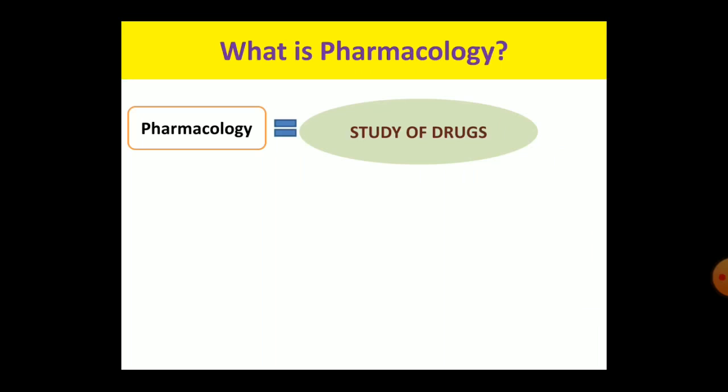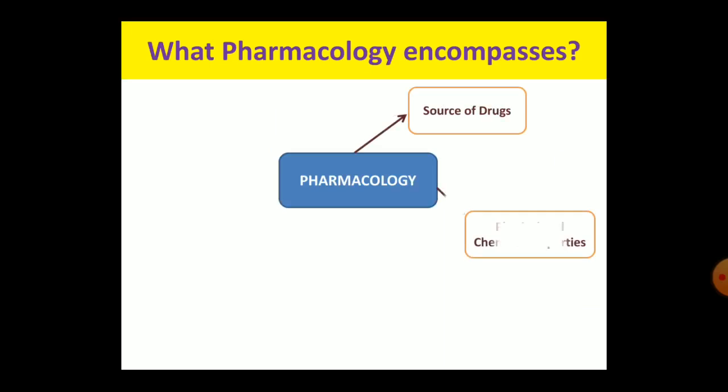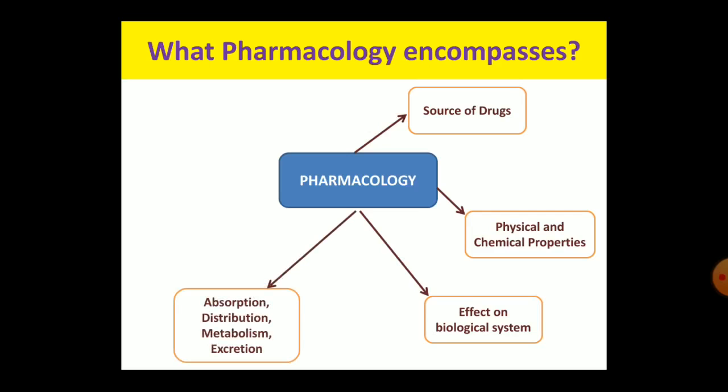But if you go further, which parameters are to be studied? These are: from where the drug is obtained, the sources of the drugs; then the physical and chemical properties and characteristics of the drugs, structure activity relationship; then the effect of the drug on the living organism, on the biological system; and what happens to the drug once it enters the living organism, like the drug being absorbed, distributed, metabolized, excreted.